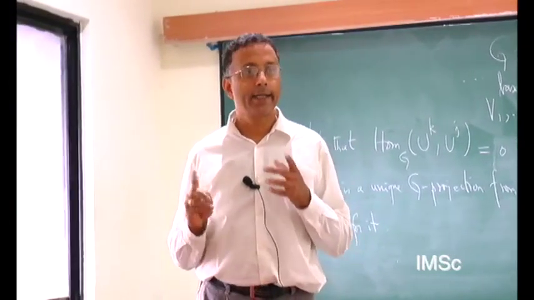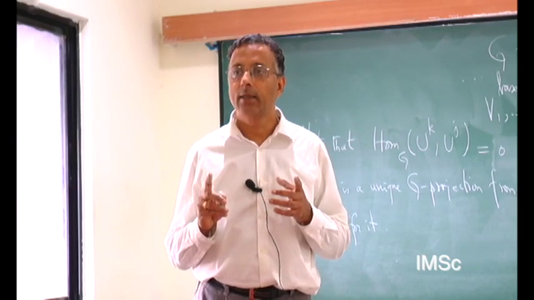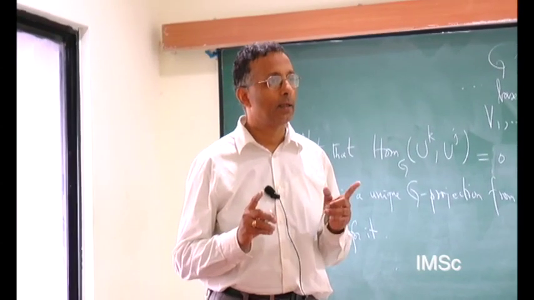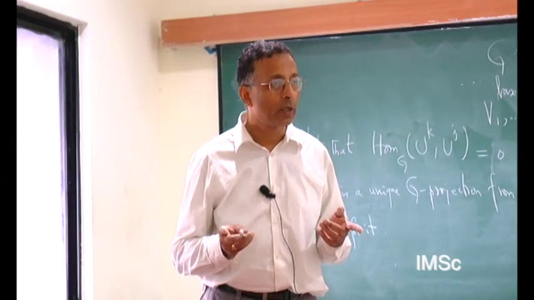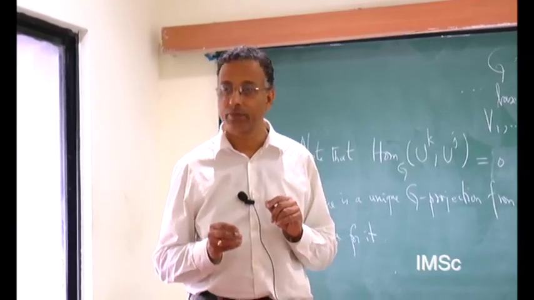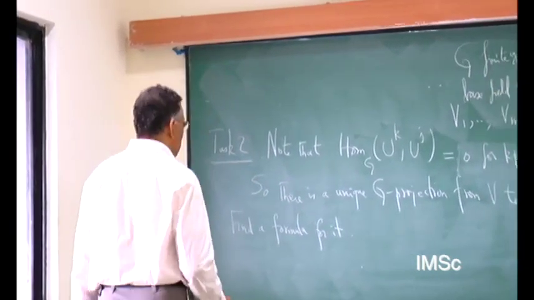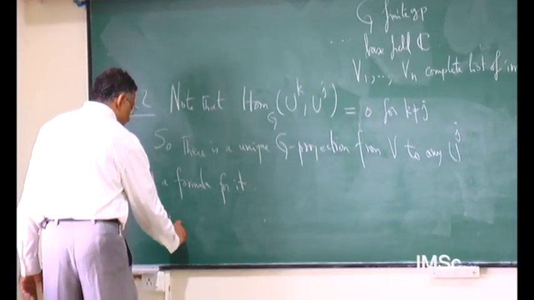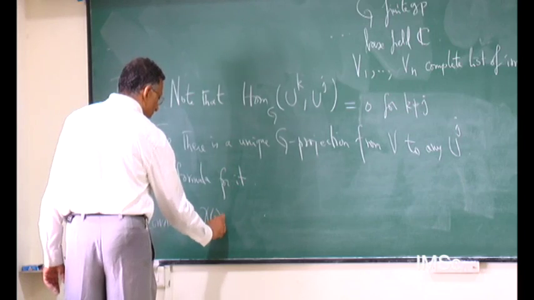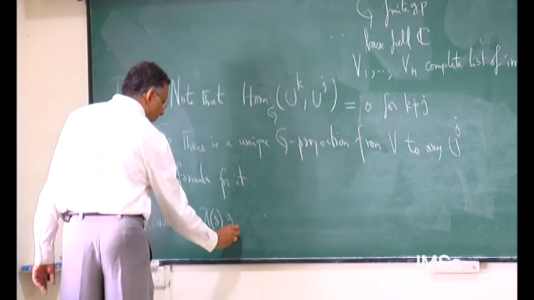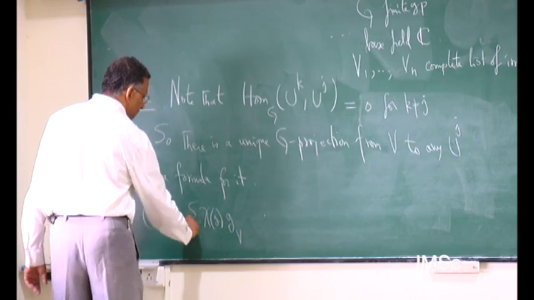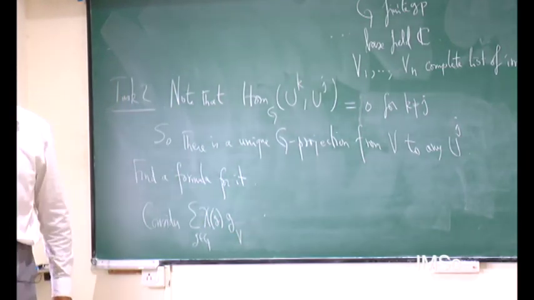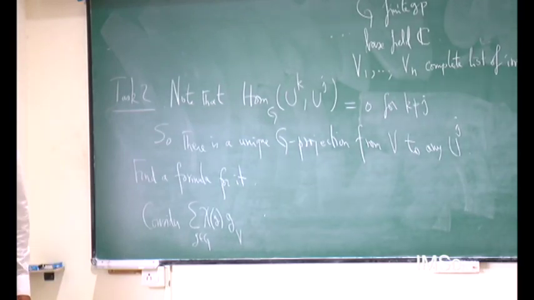So I try to write it as a linear combination of elements of G. Consider chi of g times g sub V, by that I mean the corresponding linear transformation of g.